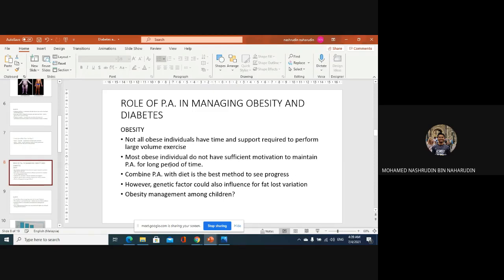So not all obese individuals have the time and support required to perform a large volume of exercise. For those who have a certain degree of obesity, of course, they can't really afford to perform a high volume of exercise, and most obese individuals do not have sufficient motivation to maintain physical activity for a long period of time.